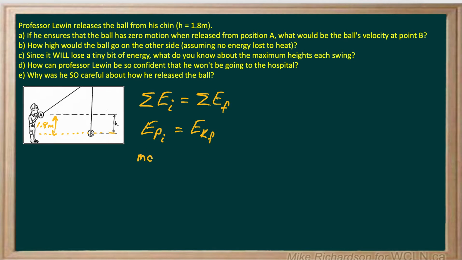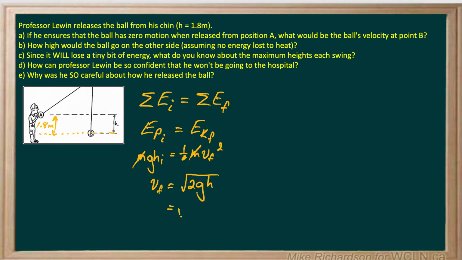So once again, I get my mgh initial is 1/2 mv final squared. The masses cancel. And if I solve it for v final, it becomes root 2gh. Multiply both sides by 2 to get rid of the 1/2 and then take a square root.